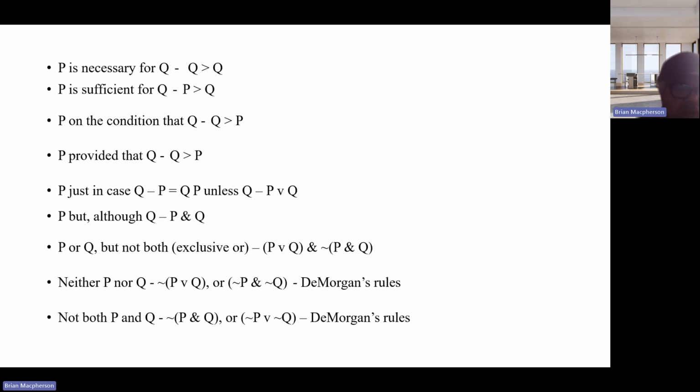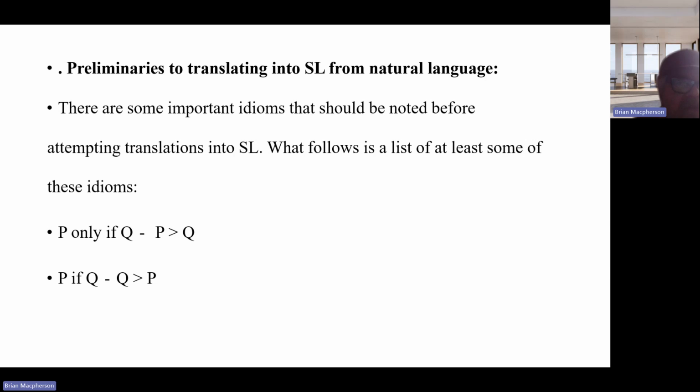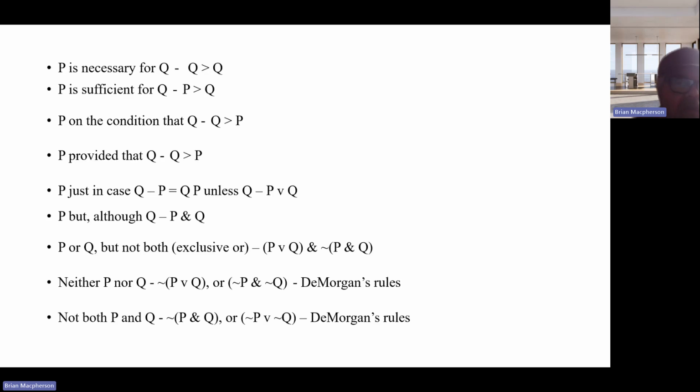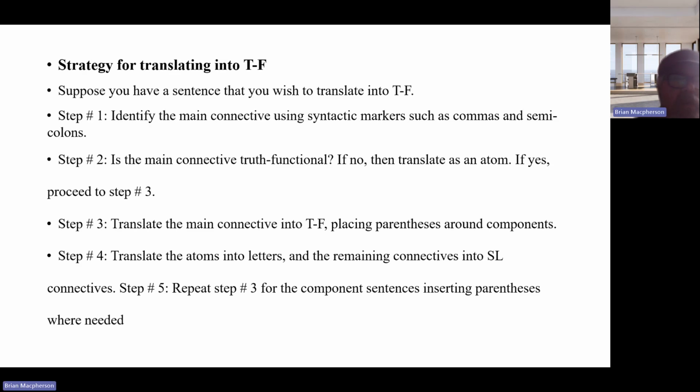Not both P and Q, you can say tilde, parentheses, P and Q, or you can say not P or not Q. Those are called De Morgan's rules. So these are the idiomatic expressions you can translate into. This will help us when we do actual translations from natural language into propositional logic. So what I want to do now is give you a strategy for translating from natural language to propositional logic.